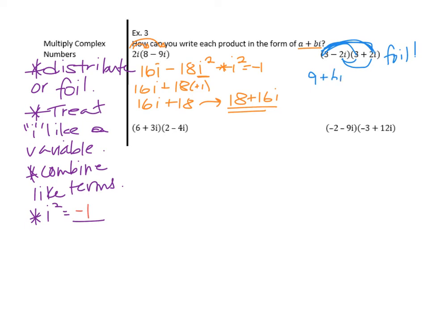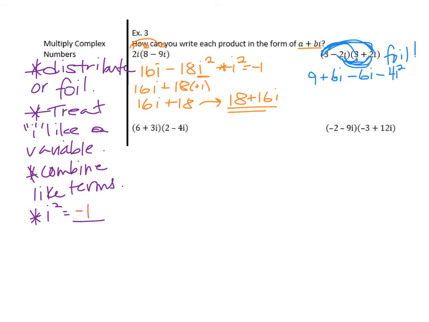The two inside terms would be negative 2i times 3, and that's minus 6i. Then we have negative 2i times positive 2i. Negative 2 times positive 2 is negative 4. And i times i is again i squared.